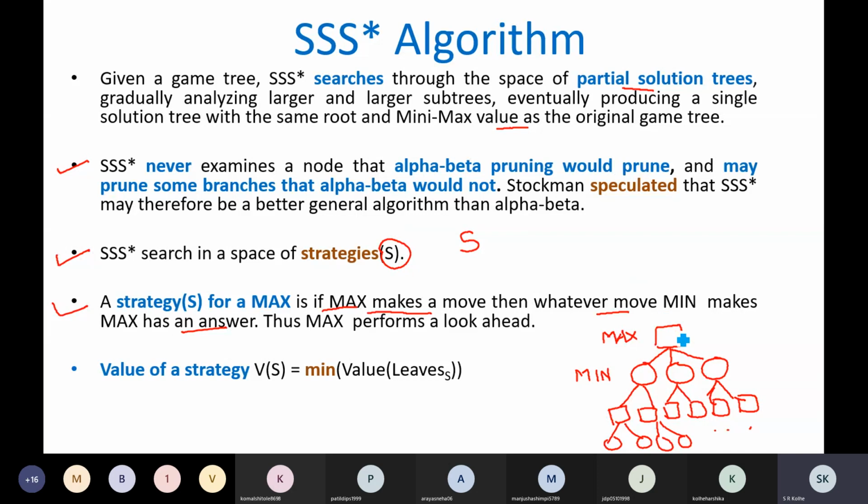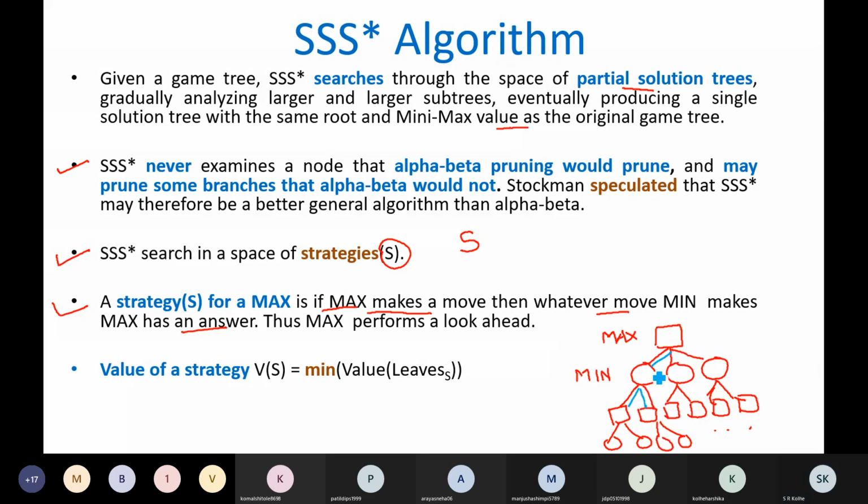If max makes a particular move, for example, max has made the leftmost move, then whatever move min makes, for example, now min has in this case two options available, either this or this.